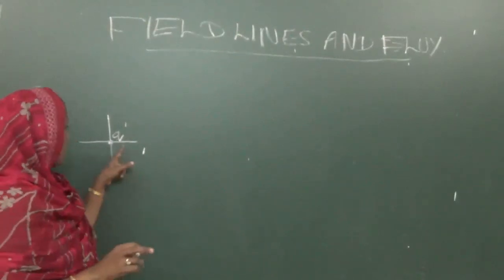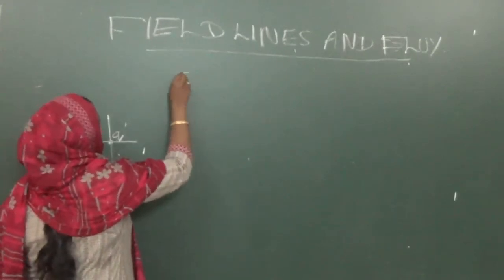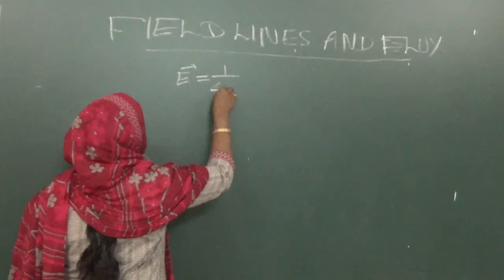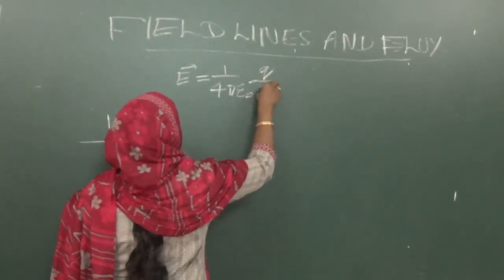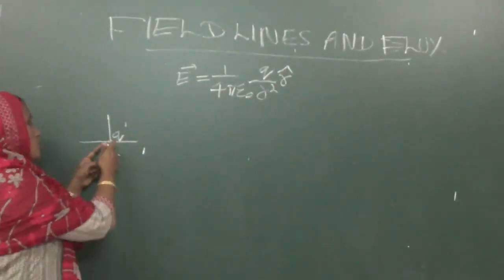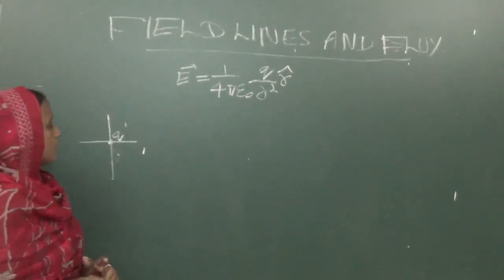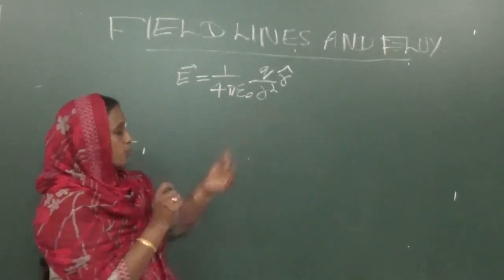But you know that in the case of a point charge Q, the electric field is given by 1 by 4 pi epsilon 0 Q by R square R cube. Right? So, these field lines point radially outward and the magnitude decreases as 1 by R square.